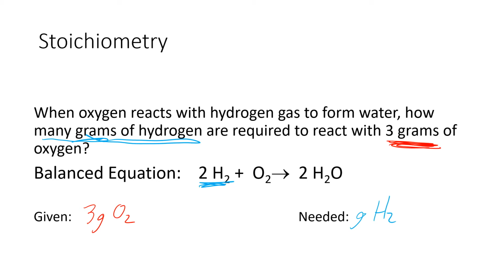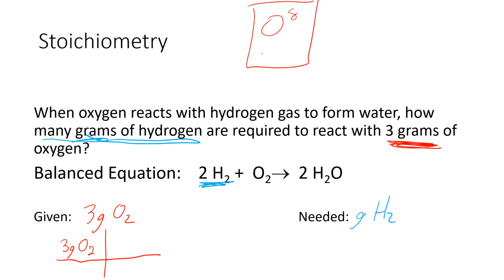And it's more in depth because now instead of just going from mole to mole using the balanced equation, we're going to have to get out of grams. And if you recall, we get out of grams using the periodic table. So 3 grams of O2. If you go to the periodic table, you're going to see oxygen, which is number 8, has a mass of 15.99, or basically 16.00.